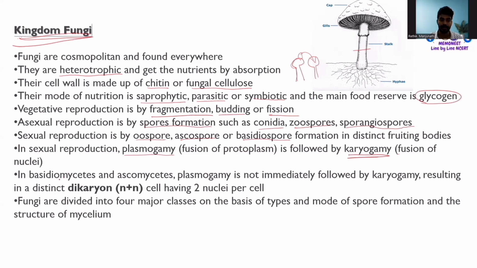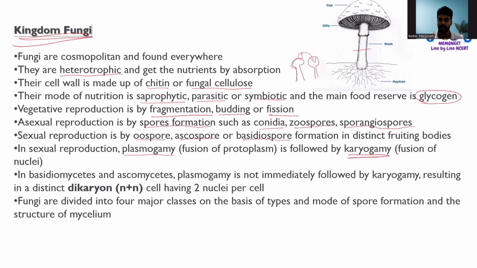So basically in the basidiomycetes and ascomycetes, plasmogamy, that is this thing, okay? So what are these basidiomycetes? They are actually types of fungi. See, what happens in these two subclasses of the fungi is that plasmogamy is not immediately followed by karyogamy. That means after plasmogamy, karyogamy doesn't happen immediately.